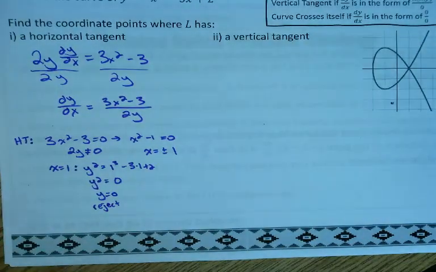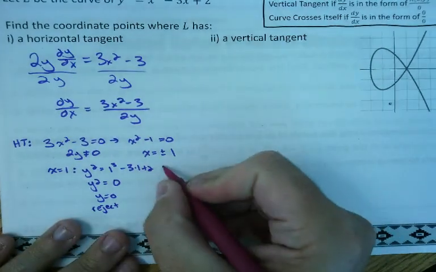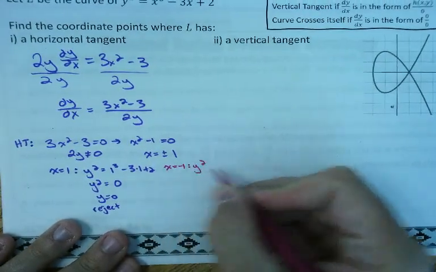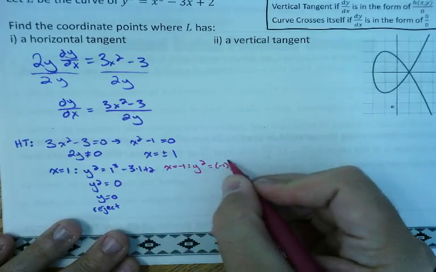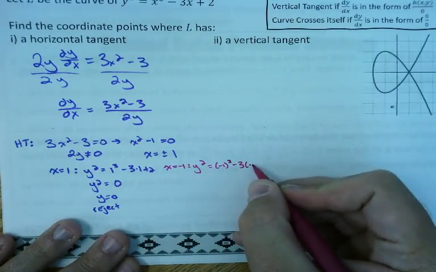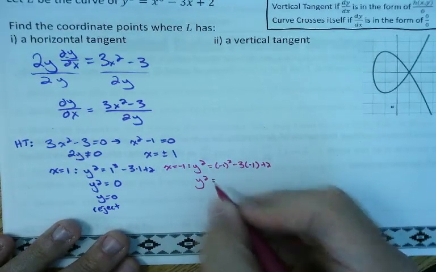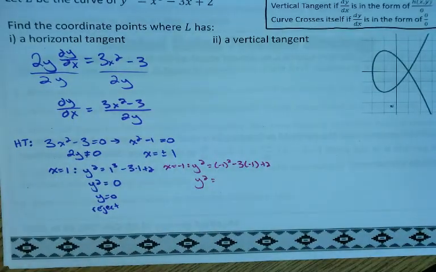What if I try a slightly different color? x equals negative 1. y squared equals negative 1 cubed minus 3 times negative 1 plus 2. So y squared would equal, what do we get? 4.